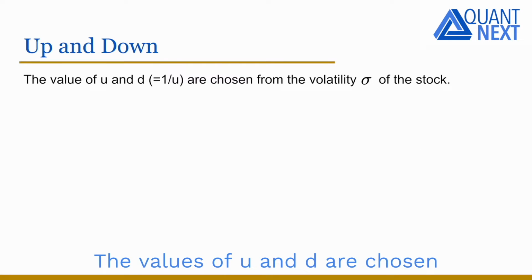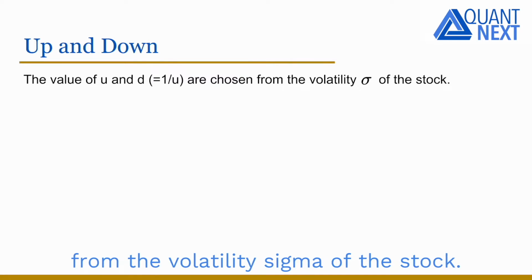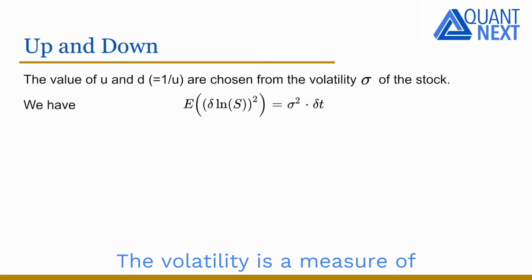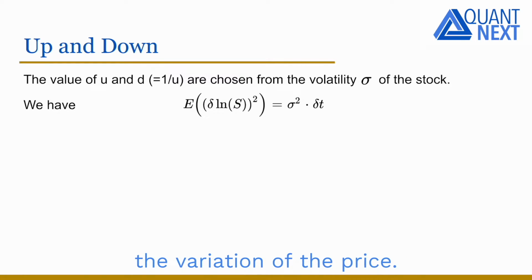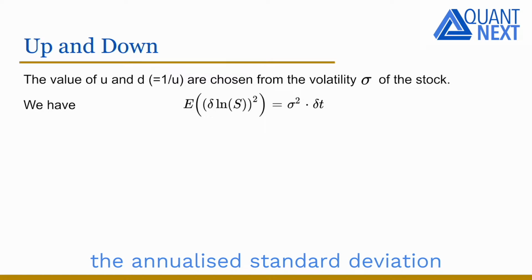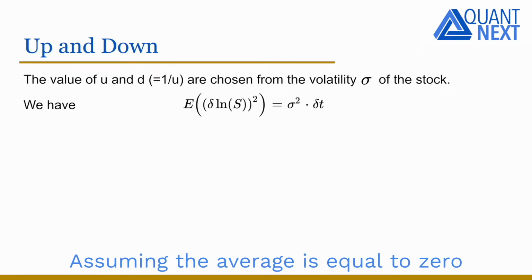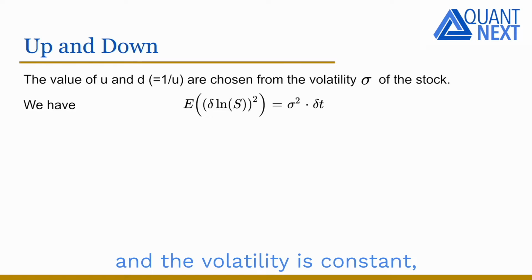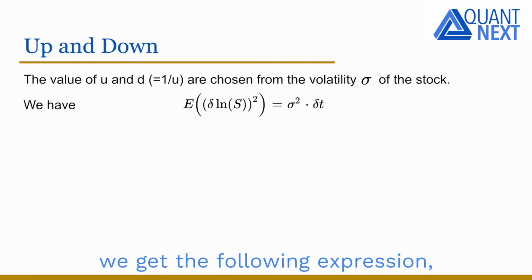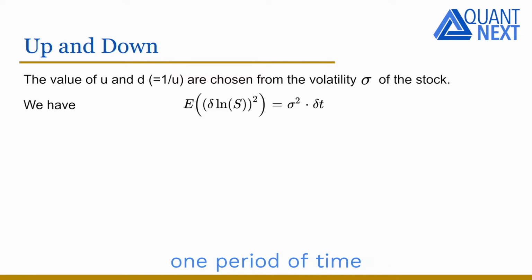The values of U and D are chosen from the volatility sigma of the stock. The volatility is a measure of the variation of the price. It is often defined as the annualized standard deviation of log returns. Assuming the average is equal to 0 and the volatility is constant, we get the following expression using the log return over one period of time between t and t plus delta t.